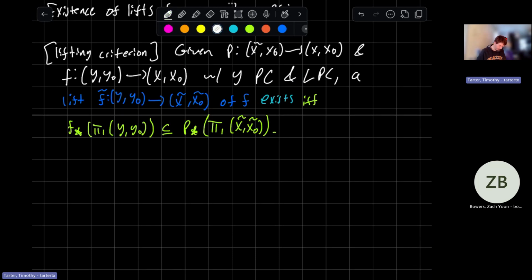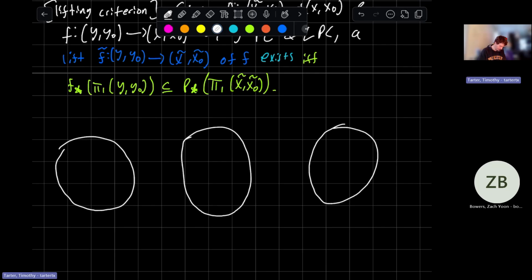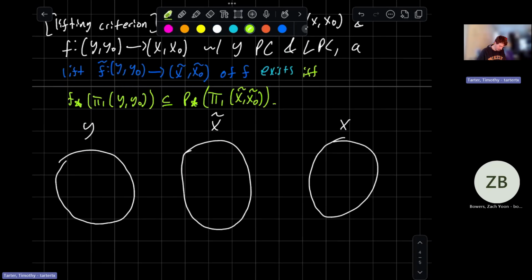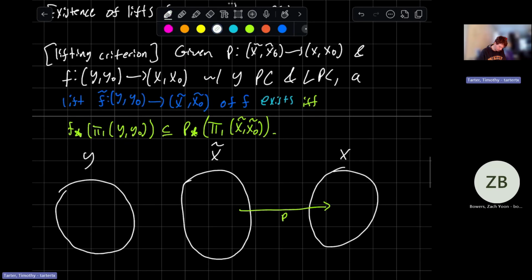So we have, I'll draw out the little diagram for it. So this is Y, if this is the cover, and we are given P, oh, well, I guess that needs that. And we have one.